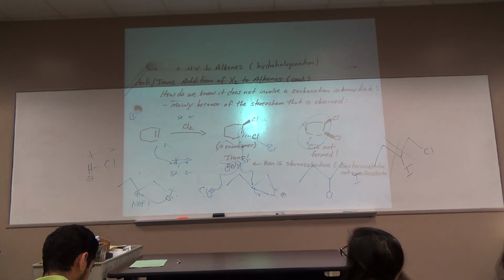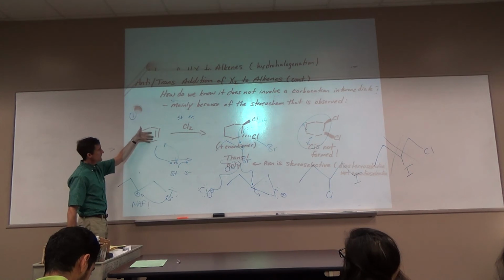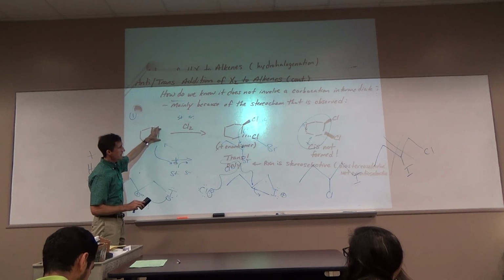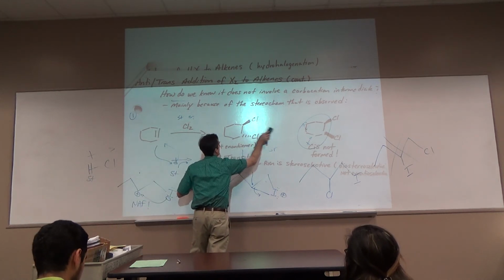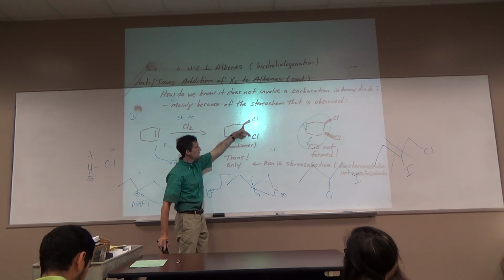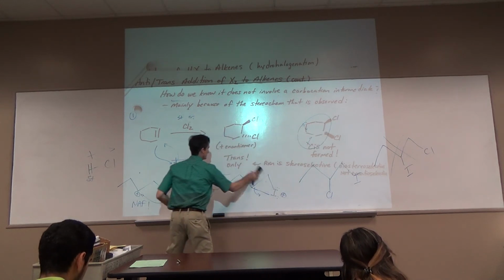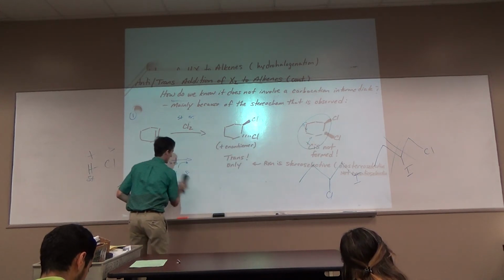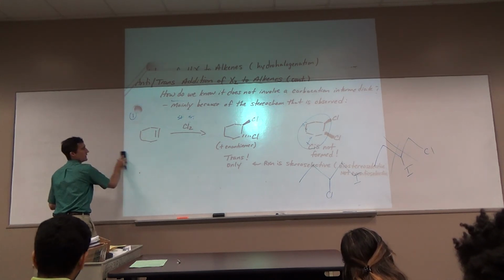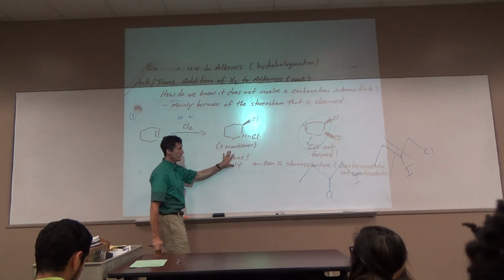Here's the main reason we know that this is the mechanism. If you do this reaction, such as cyclohexene with chlorine, we can add a chlorine to each carbon, right? But it turns out we only get this outcome, trans. The two chlorines will be trans. We do not get cis. Why do we only get trans? Our mechanism needs to explain why only trans.